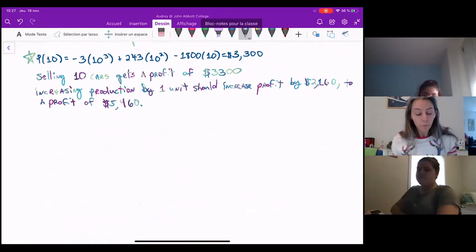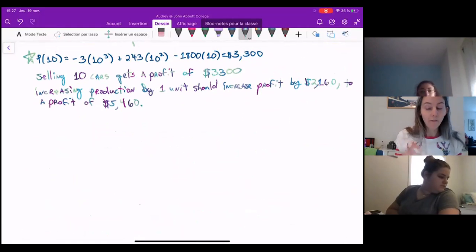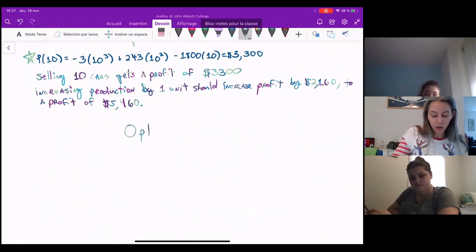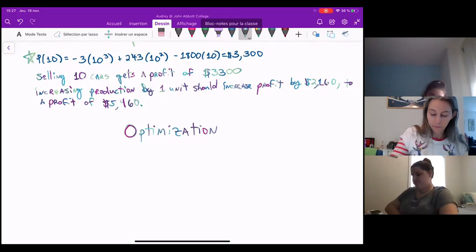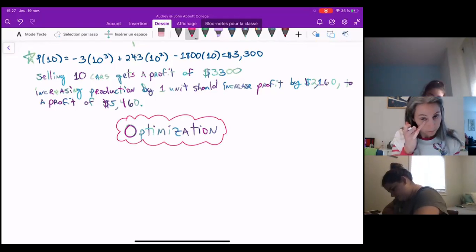Okay, so we are going to actually have a part 4 of this question, but it's going to be in the next section called optimization. And optimization is really what we're going to work on next class.